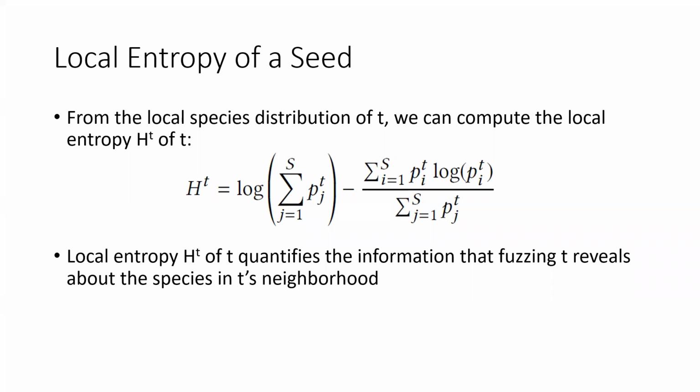So if H_T is bigger, fuzzing seed T gives higher information.